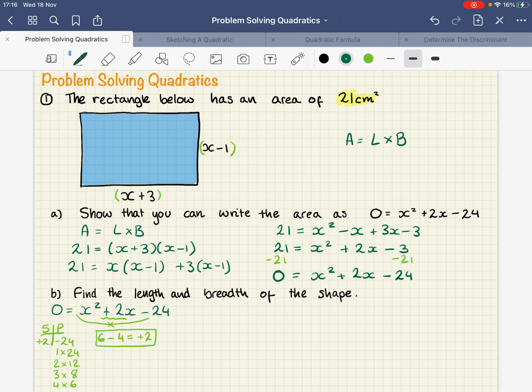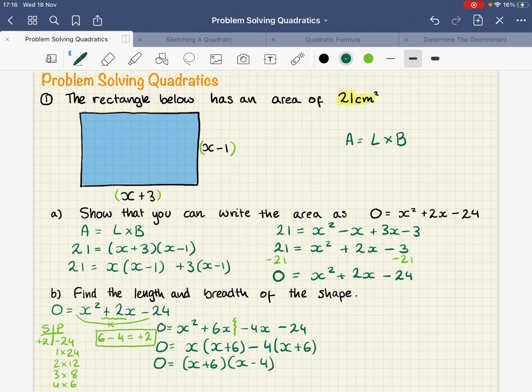So using that, I'm going to now have x squared plus 6x minus 4x minus 24. Divide that down the middle. Common factorize both sides. So I'm going to have an x, then an x plus 6, and minus 4 times x plus 6. And so that means one of my brackets is going to be that x plus 6 and the other one's going to be that x minus 4.